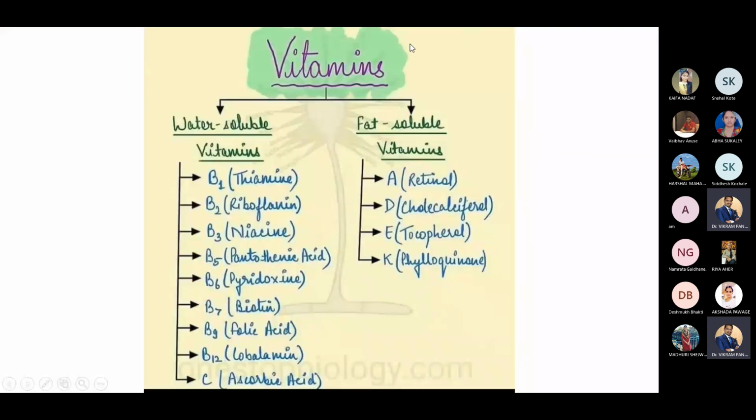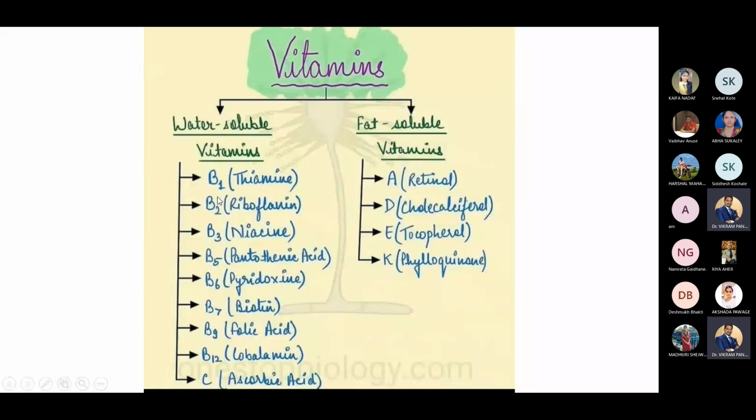After that, there are certain straightforward 1 mark, 2 marks questions, like vitamins, water soluble vitamins. Their names are given in brackets, like B1, what is the name? B2, its name is given. B3 is given. Now, this question is for 2 marks, B1 or thiamine.